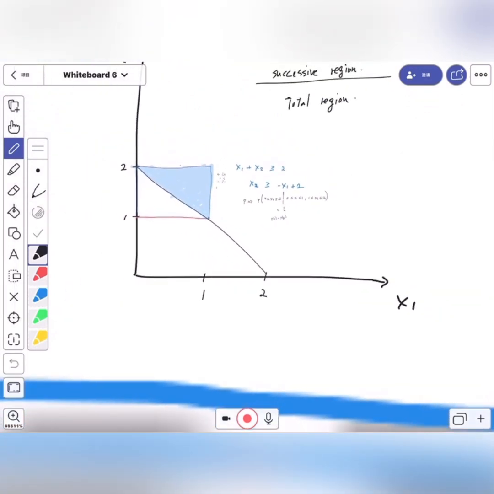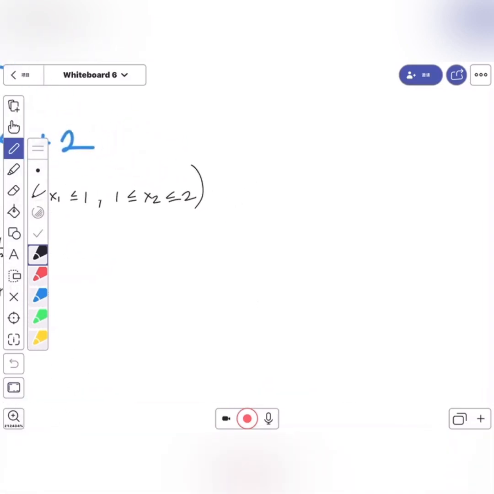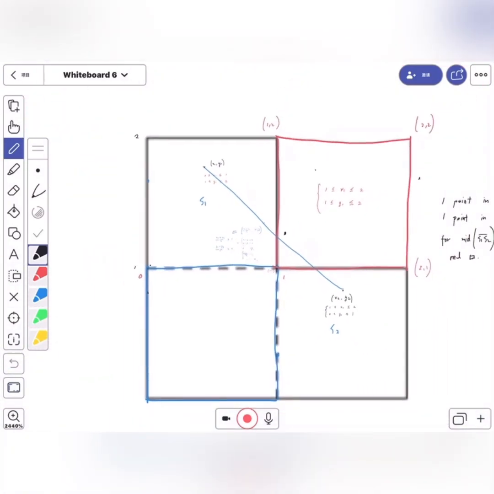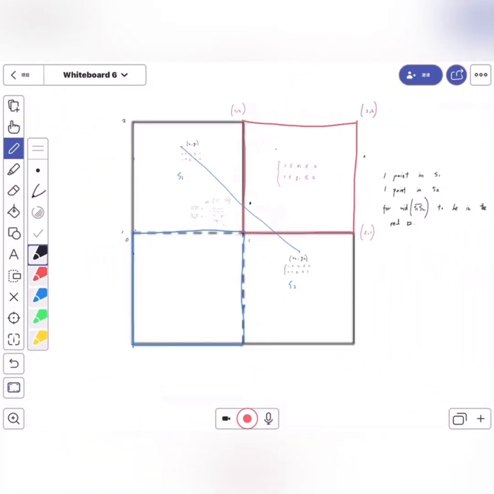And now, are we done? Well, is it just 1/2 squared? Well, no, because we know that this distribution is uniform. So essentially, we also have to consider the probability that we choose 2 points within this L-shaped region, such that one of the points lies in S1 and one lies in S2.